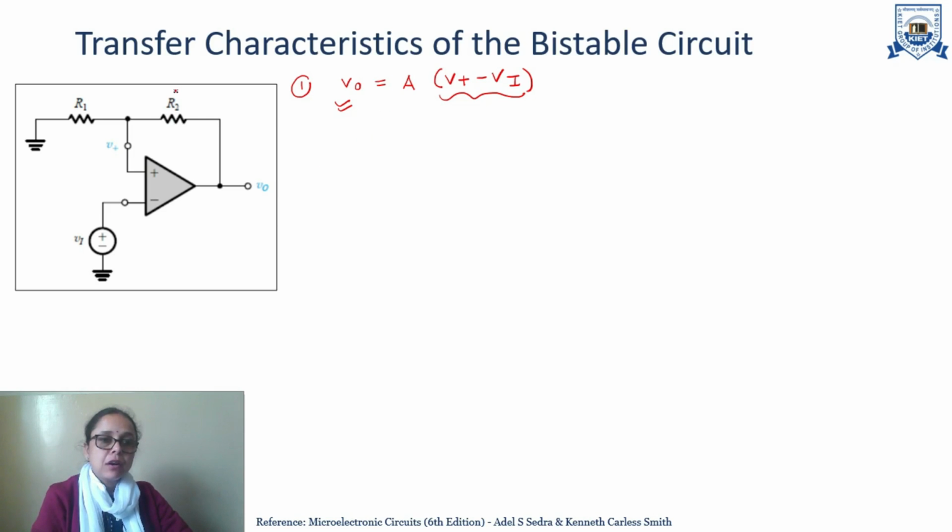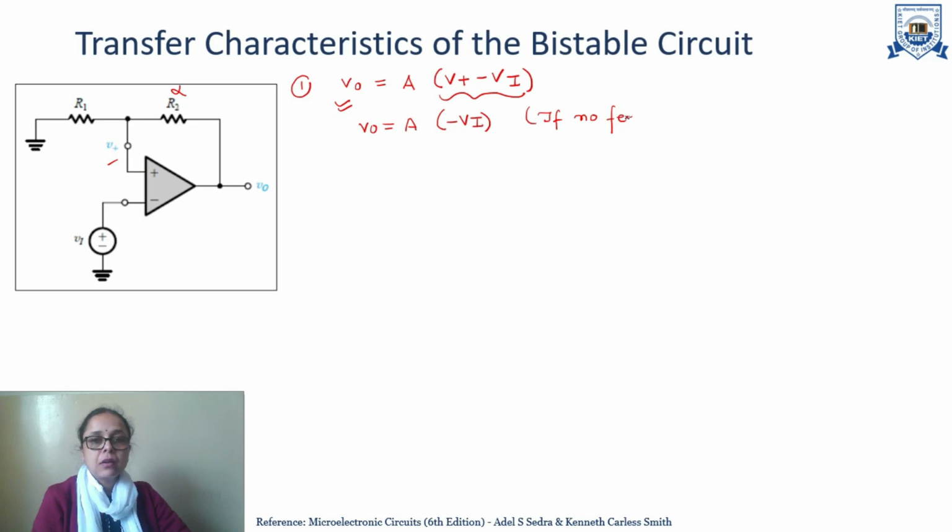Now if we are not having any feedback, then what will happen? This V plus voltage will be 0. So V naught will be A times minus Vi. This is the case if there is no feedback.